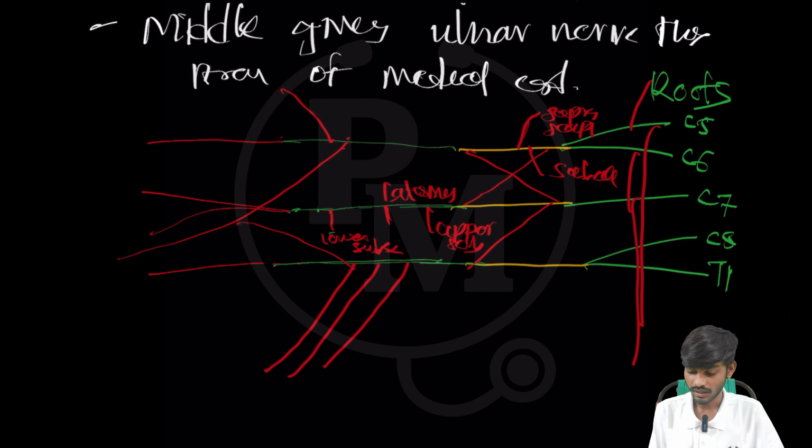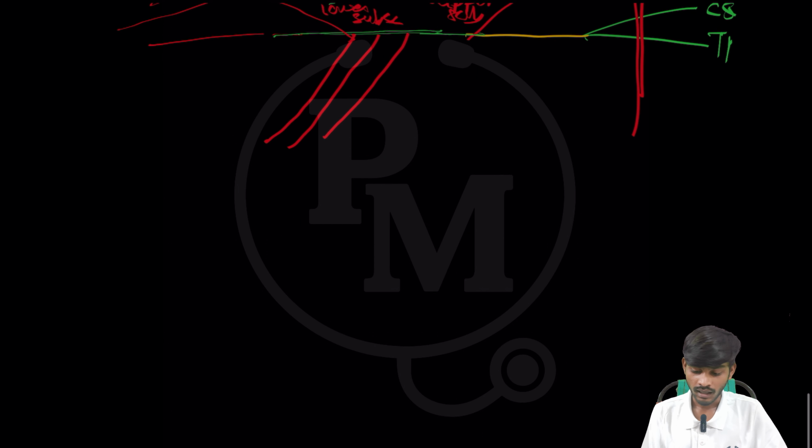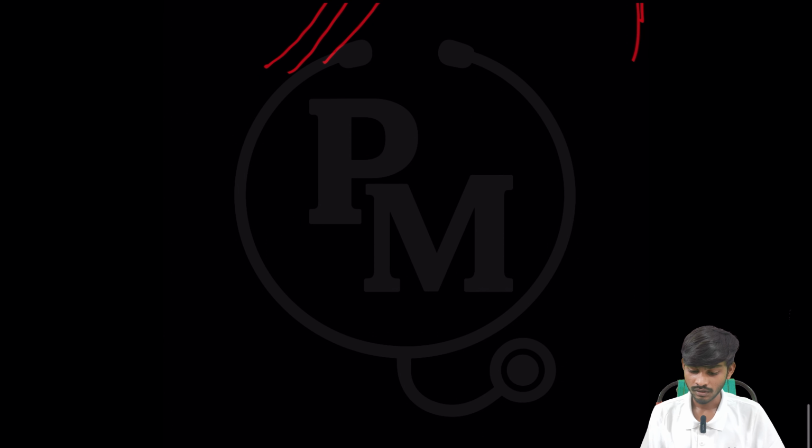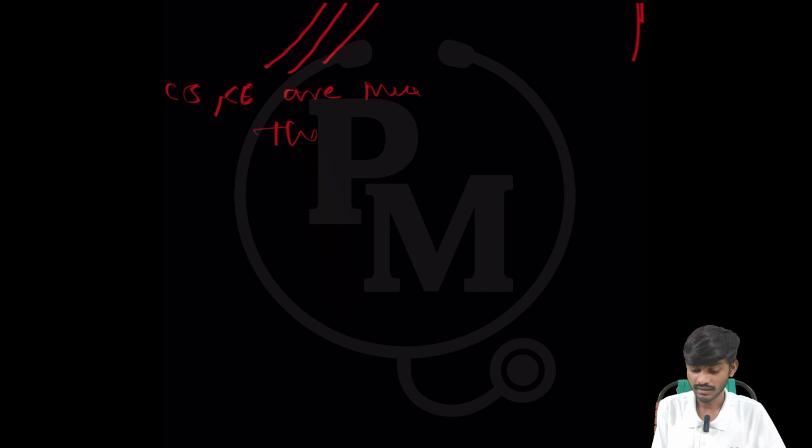This is all about brachial plexus, how they are formed. And we have lesions of brachial plexus that involve upper roots and lower roots. If upper roots like C5, C6 are involved, it is called Erb's paralysis.